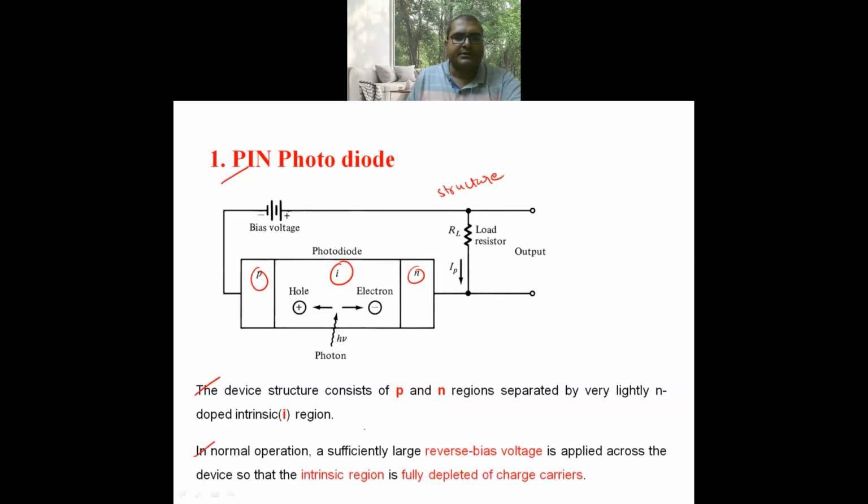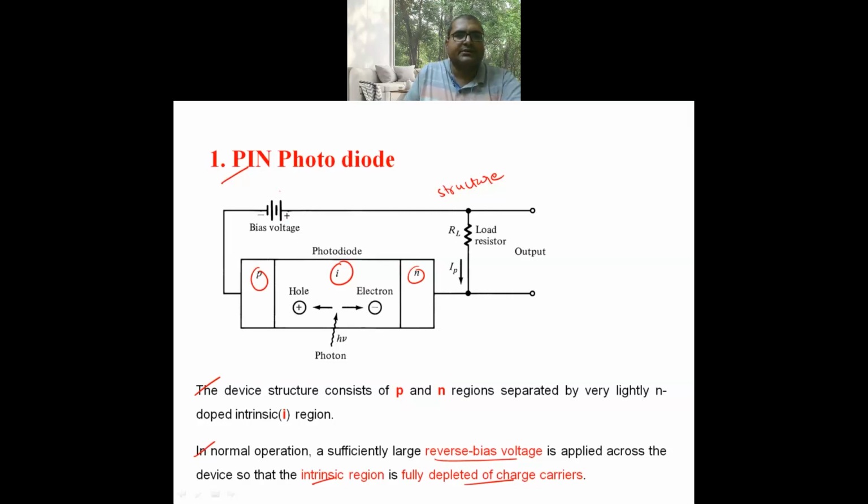In normal operation, a sufficiently large reverse bias is applied across the device so that the intrinsic region is fully depleted of charge carriers. Here PIN is the structure of the photodiode.